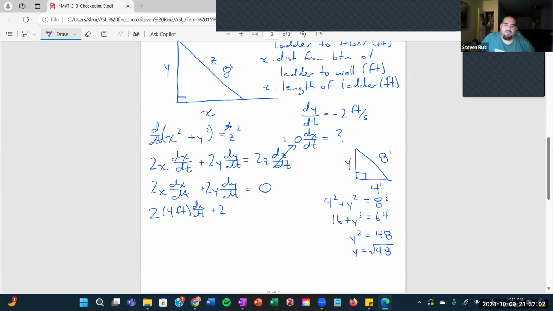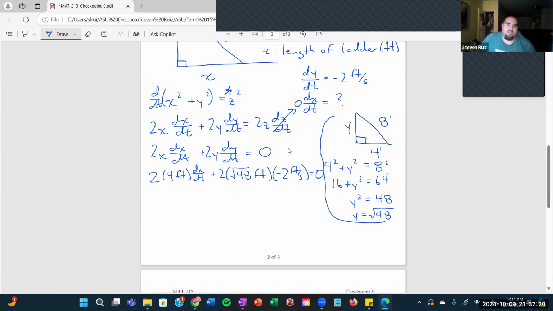So 2 times radical 48 feet times dy/dt. We said dy/dt a while ago is -2 feet per second. All that equals 0. Let me cordon this off. Okay, so I think we're off and running. We're almost there, because dx/dt was the only symbol in this equation that we didn't have a value for.